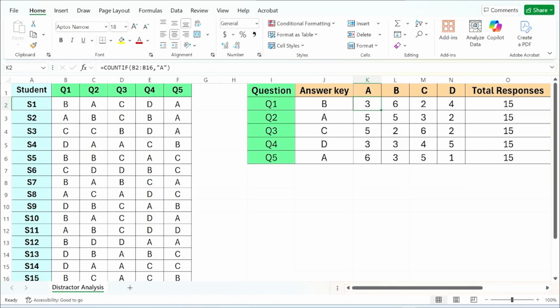Number of students? You have 3, right? Okay? So how do you find it?